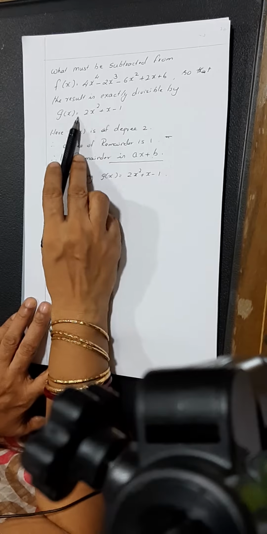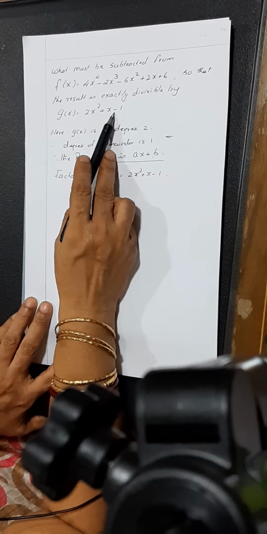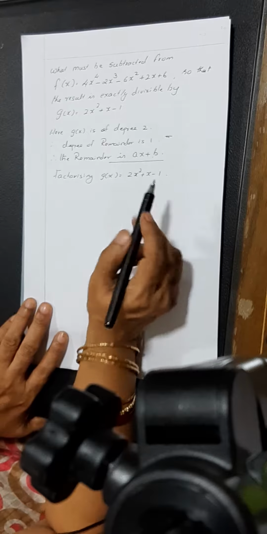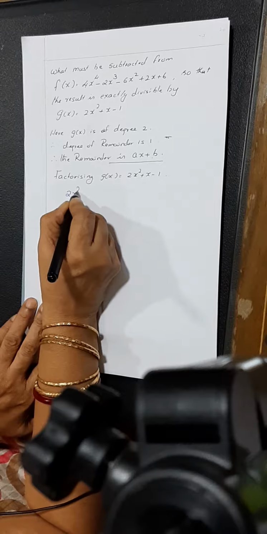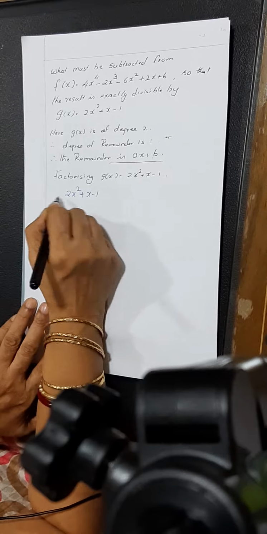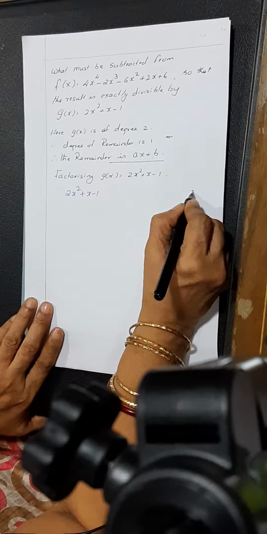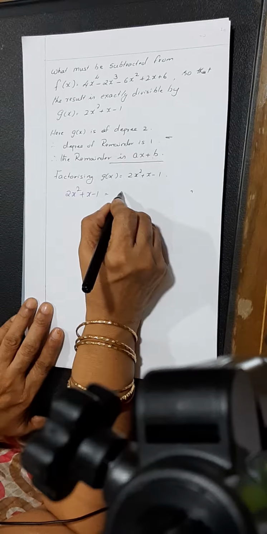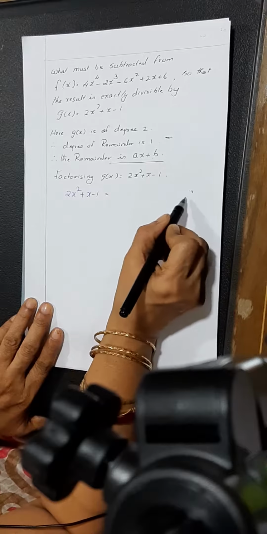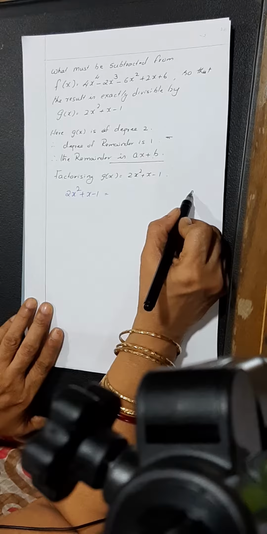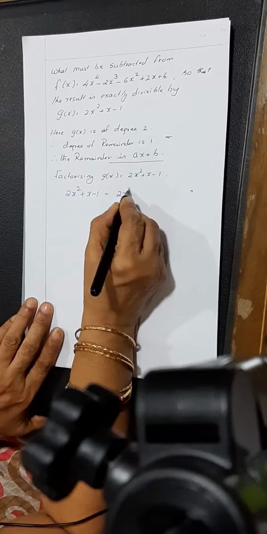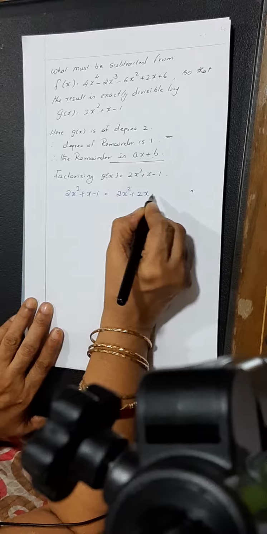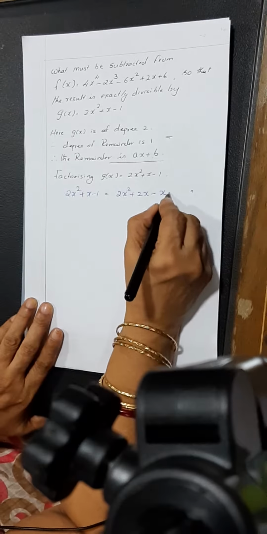So, now factorizing. Here 2x squared plus x minus 1, we will factorize this. 2 into 1, 2. So, you can write this as 2x squared plus 2x minus x minus 1.